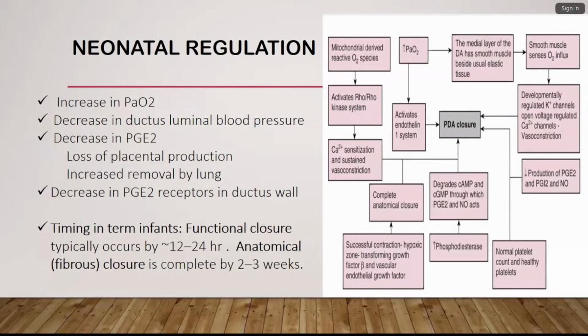Also, there is a decrease in PGE2 receptors in the ductus wall. There are two closures, one is functional closure and another is anatomical closure. In a term infant, functional closure occurs by 12 to 24 hours and anatomical closure by 2 to 3 weeks.